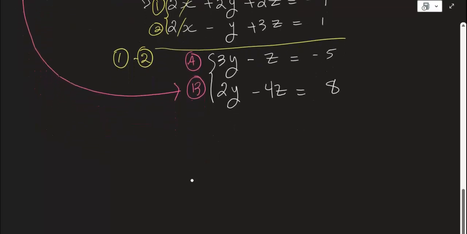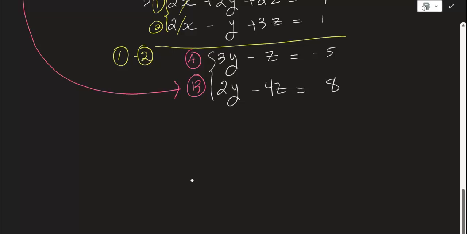To solve this, we're going to choose a variable. Let's do the variable y. Notice that this is 2y. If you want to get rid of the y variable from both equations, we need the same coefficients with opposite signs to add, or the same signs to subtract. One is 3y, the other is 2y.